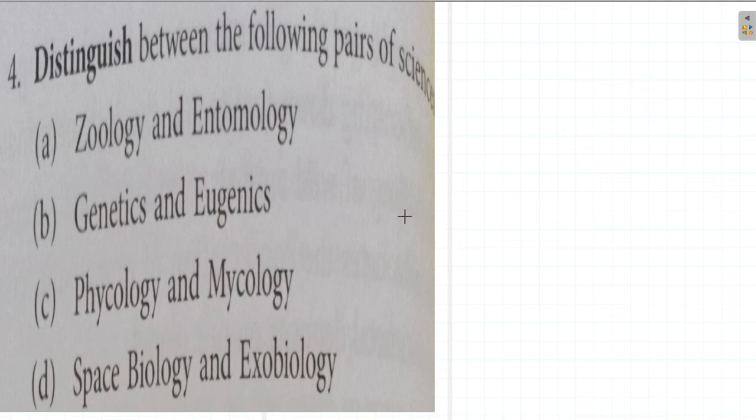Distinguish between the following pairs of science. So zoology, as I have already told you, study of animals, and entomology, it is study of insects.